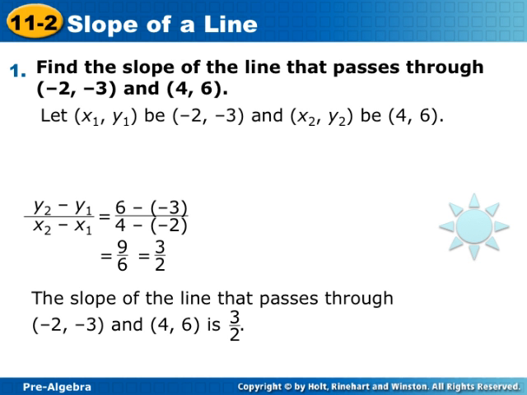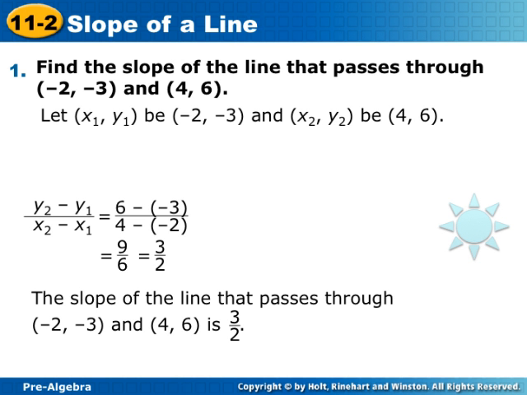I'm going to plug that into the formula. You get something like this. Go ahead and solve. It comes out to 9 over 6, and when you simplify that, it becomes 3 over 2. So the slope of this line is 3 over 2.